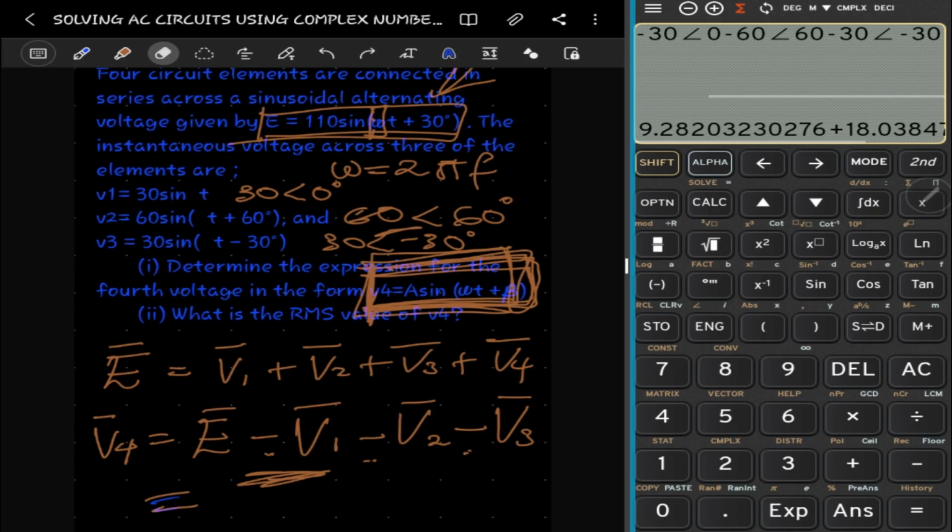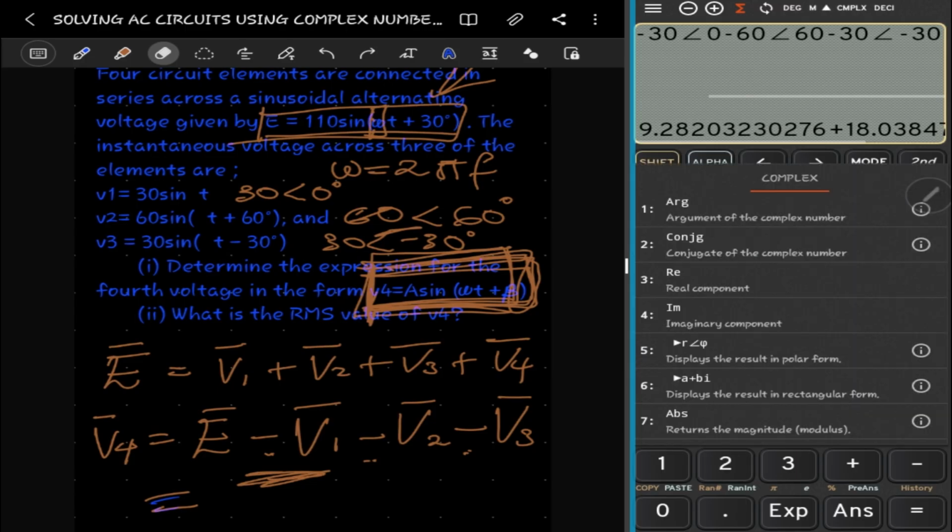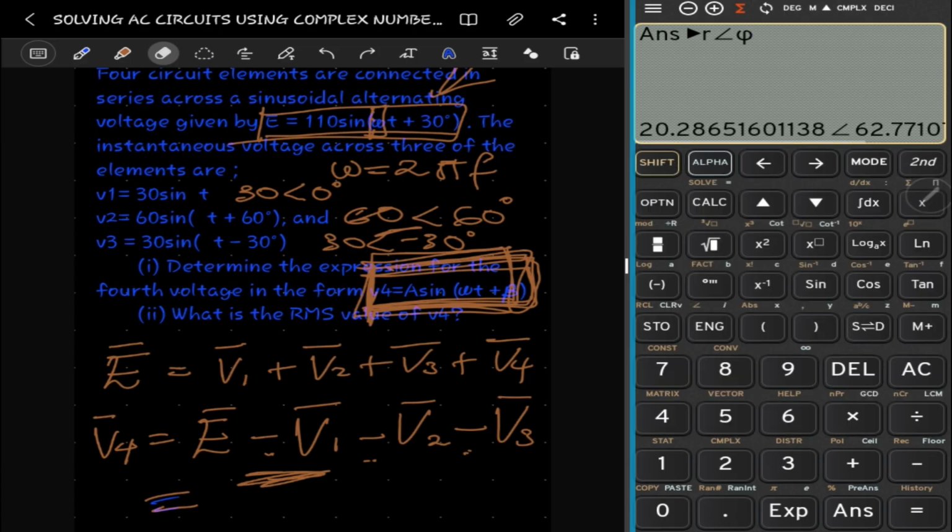So if we want to do the conversion, shift complex, we need it in this format. So it gives us this directly.